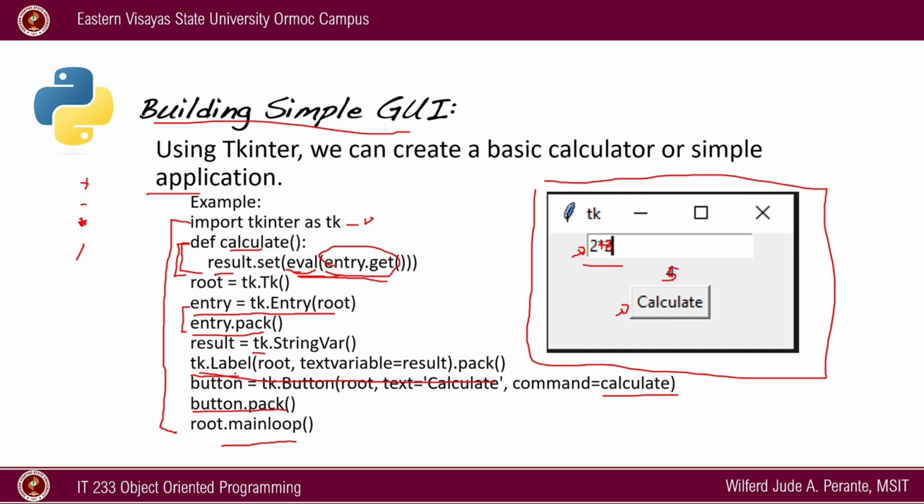So this is a simple GUI calculator, where the user will input a mathematical expression such as addition, subtraction, multiplication, and division in the entry widget, and by clicking the calculate button, it displays the result on our label.